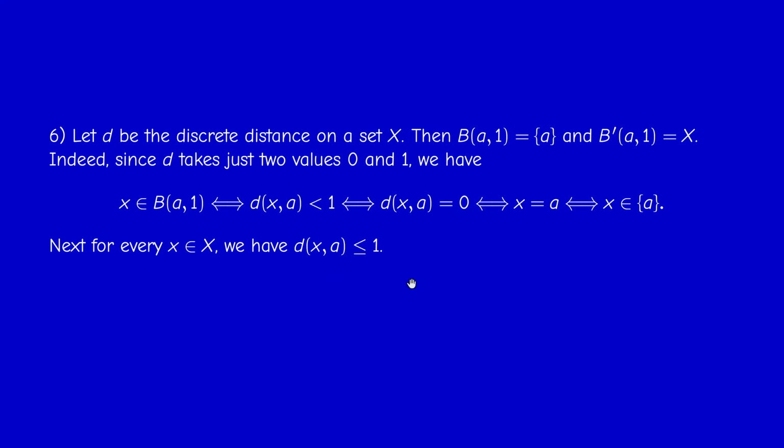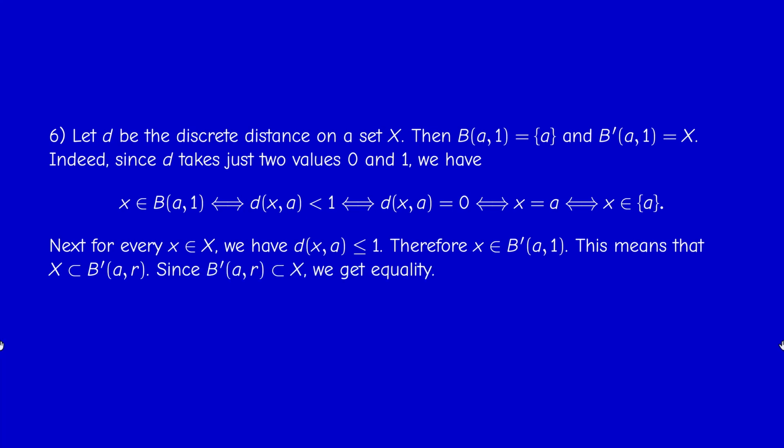So it's less or equal than 1. And this means that x belongs to the closed ball of center A and radius 1. And therefore, we have this inclusion. Double inclusion means an equality. And that's it. So we may use this example as a source for counterexamples in metric spaces.